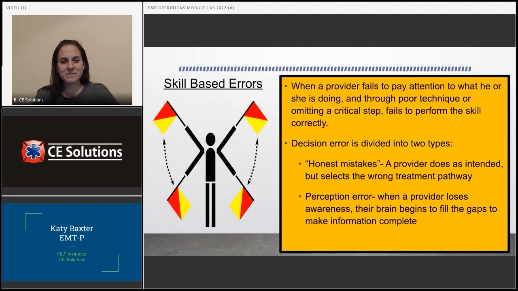Skill-based errors. When a provider fails to pay attention to what he or she is doing, and through poor technique or just omitting a critical step, fails to perform the skill correctly. No shortcuts. No shortcuts. Once you start cutting things out, it becomes a habit.